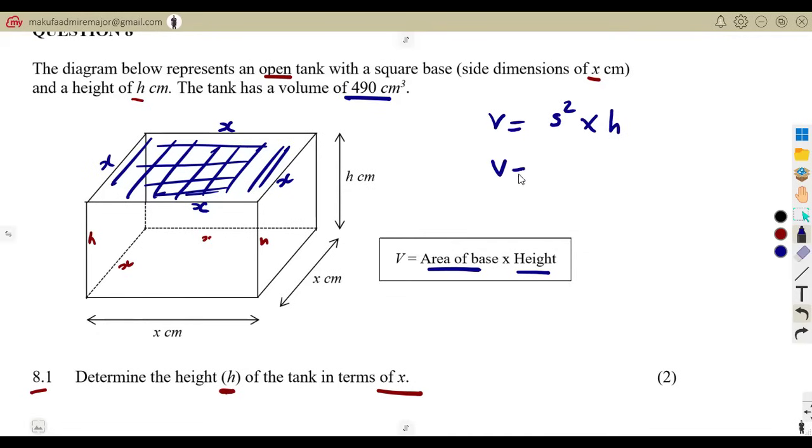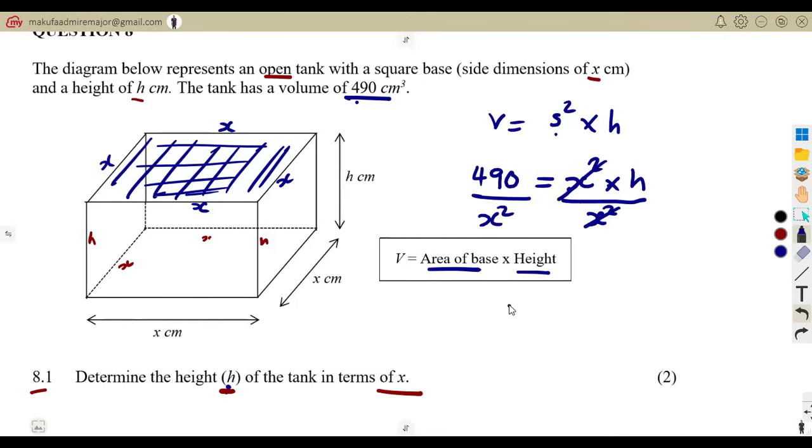So the volume, we have it. 490 is equal to side squared, which is X times X, which is X squared. Remember, it's a square. So that's X squared times the height. But we need H. So how do you find H? Simply divide by X squared.